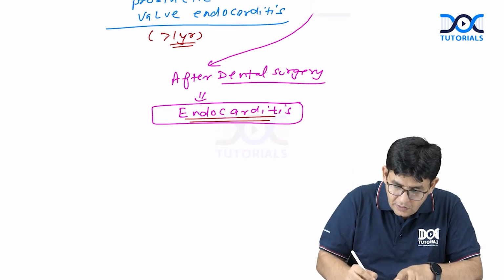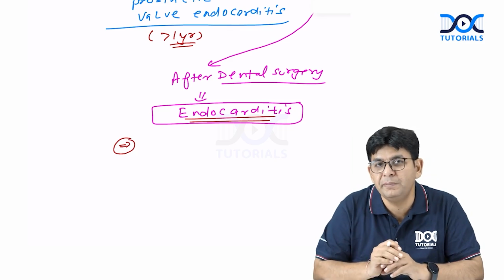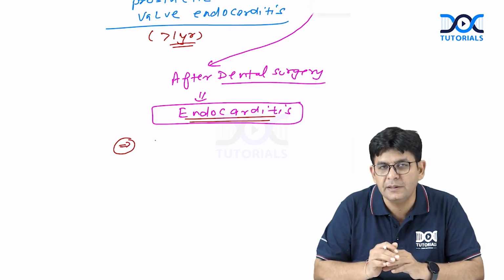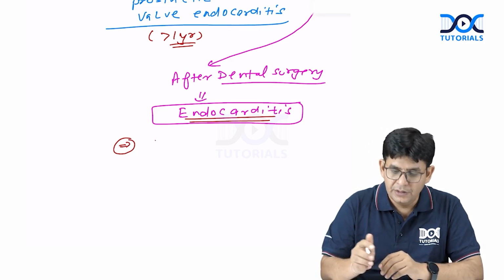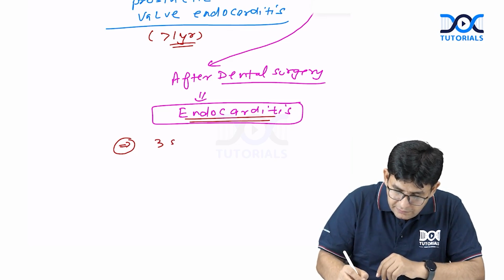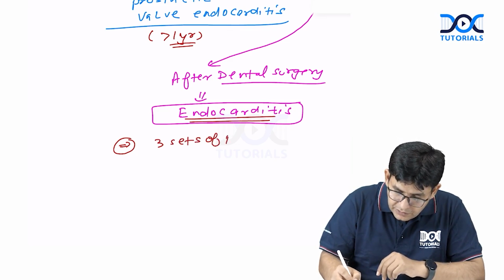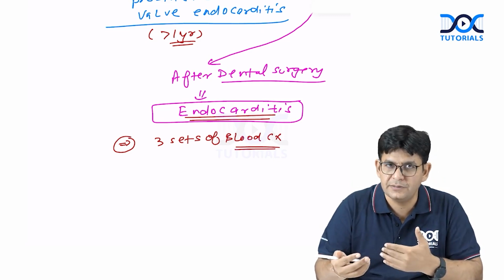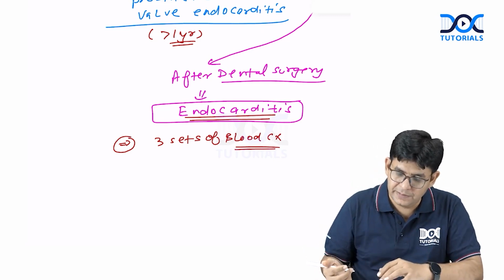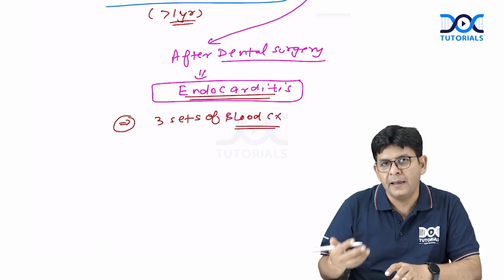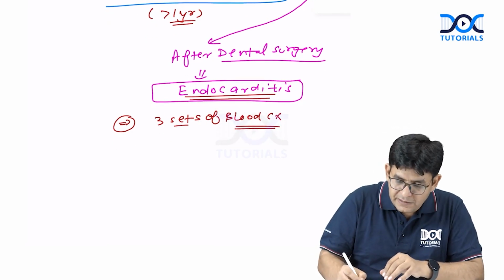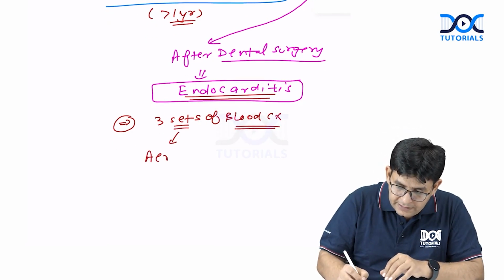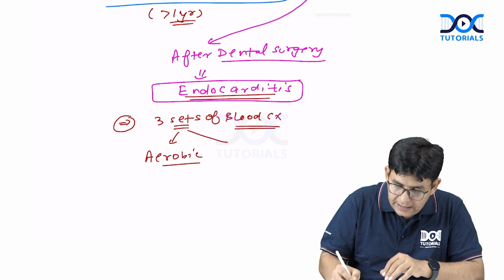Besides this, how many blood cultures should be done? Here only, if we want to discuss that. Remember, guys, 3 sets of blood culture are preferred, because the more blood culture sets you do, the more is the yield of the organism. Sets means one bottle in which you put the blood is aerobic and another is anaerobic.